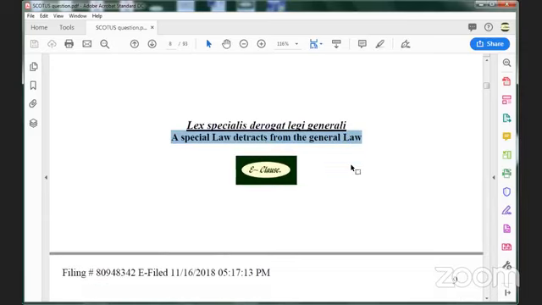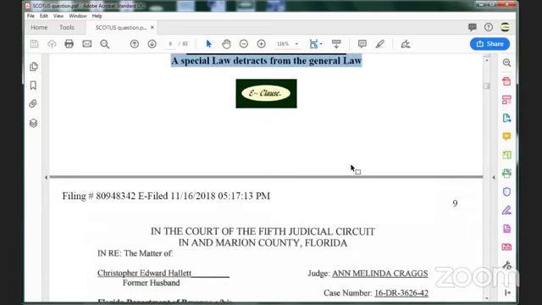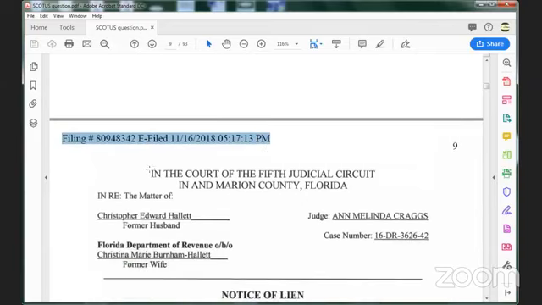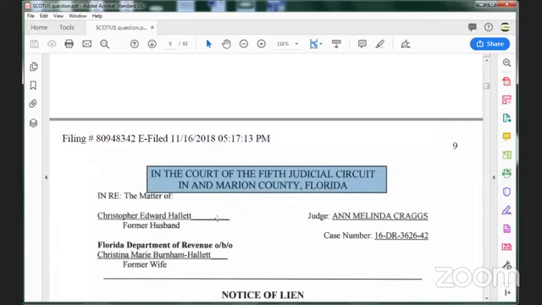So again, this is just me doing what I do and showing what I show. This filing was also e-filed on 11/16 of 2018, and that would be here in this local court, right? In Marion County Court. And this is me versus them, whether they like it or not.